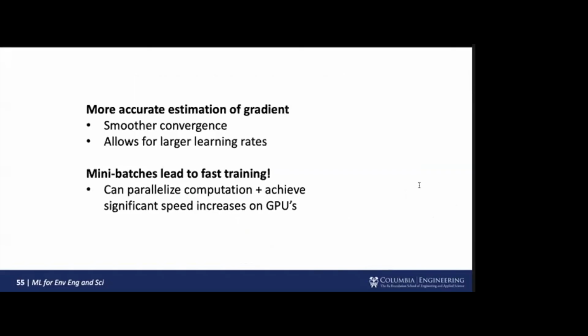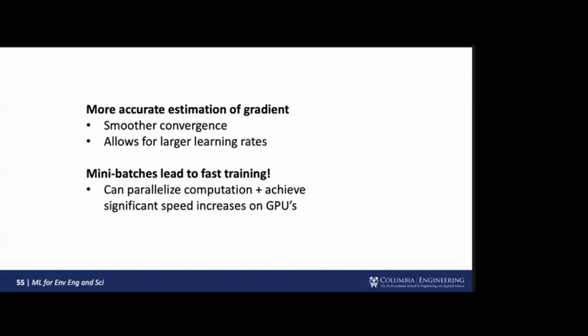Now, let's talk about mini batch. Mini batch strikes a balance between full gradient descent and pure SGD. As we mentioned, SGD just picks one single point, but mini batch strikes the balance between full and a single. By using a small batch of data points, we get a more accurate estimate of the gradient than a single sample.